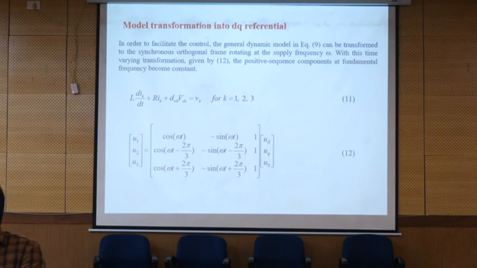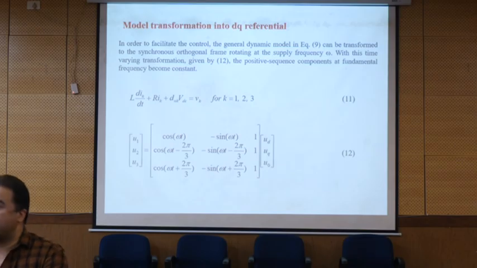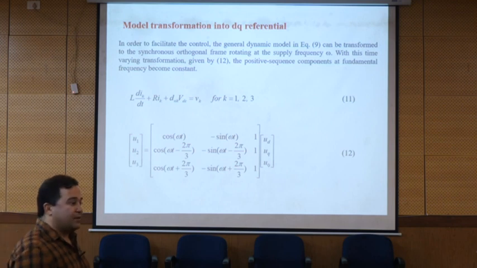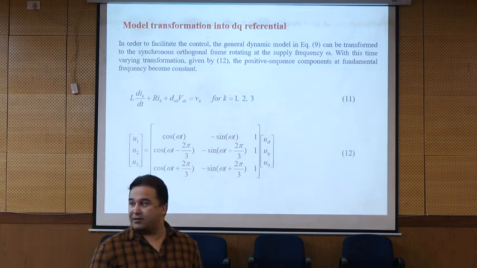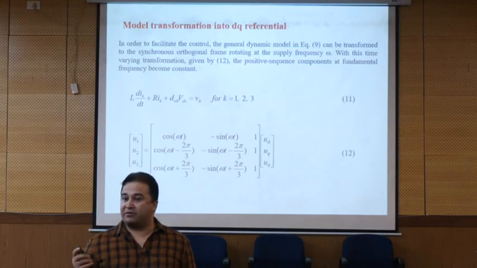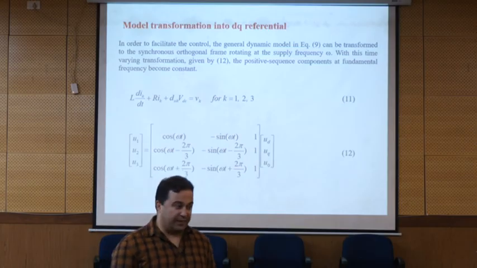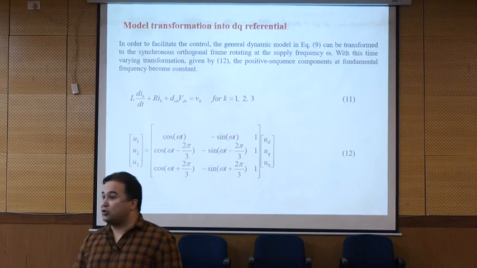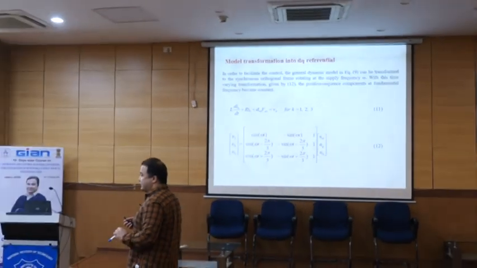PLL. The PLL measures something and then gives the omega t. So this something is coming from where? From the grid. Yeah, because we are going to synchronize with the grid.